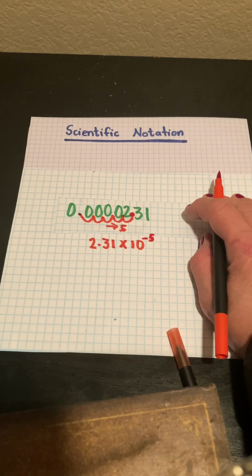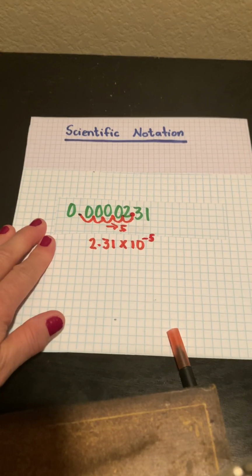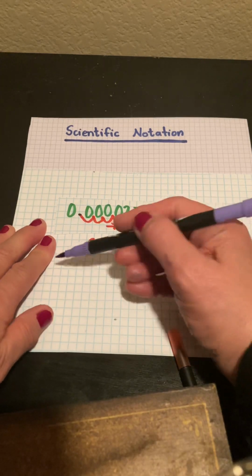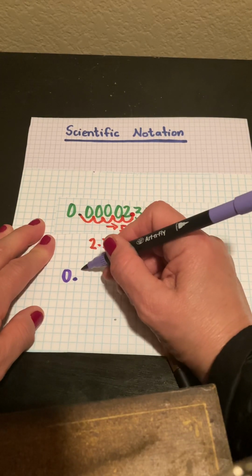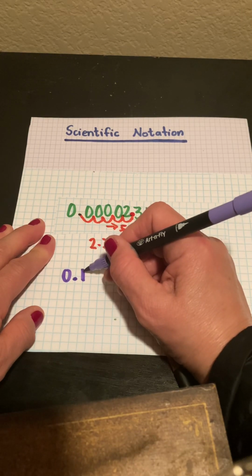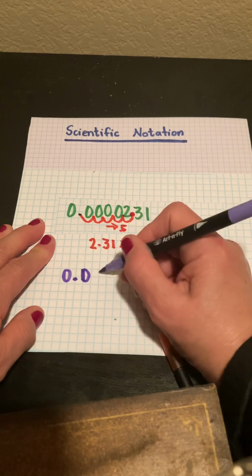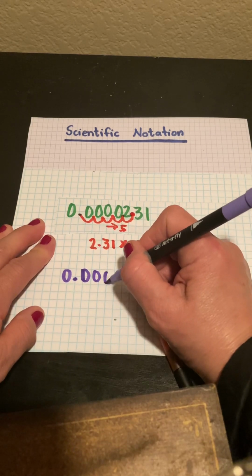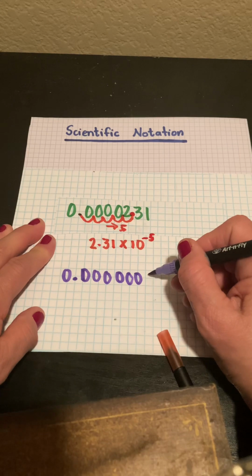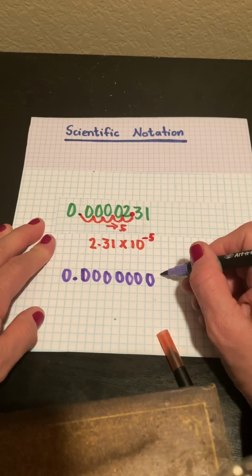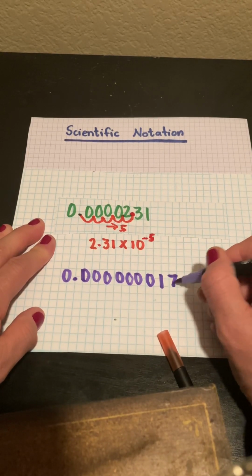So now we are going to see another example. So let's say 0.1, 0, 0, 0. I'm going to write down a lot of zeros, and then I'm going to end with 1, 7.